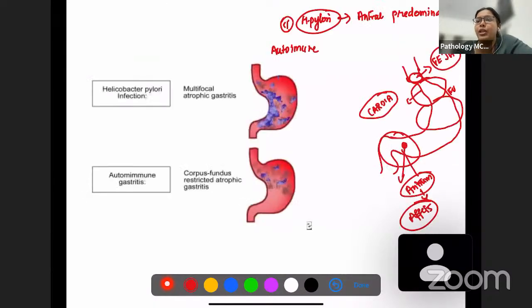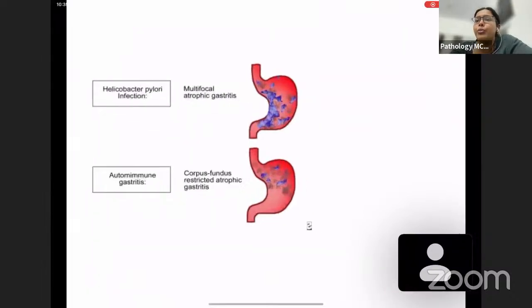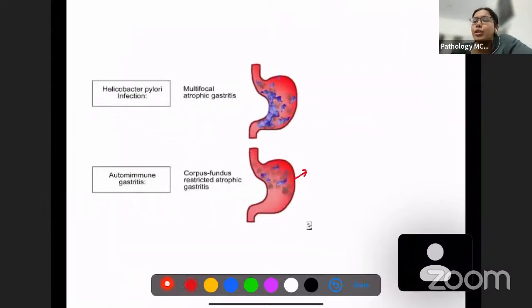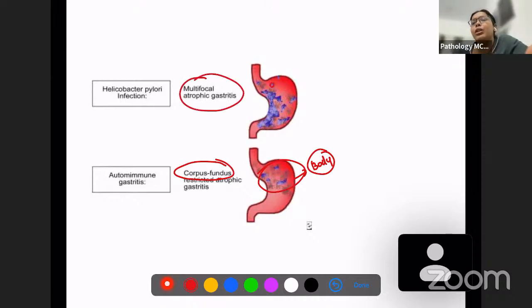Autoimmune gastritis usually involves the body or the fundus, restricted to the corpus. In later stages, H. pylori infection can involve multifocal atrophic gastritis, involving multiple parts of the stomach, but in earlier stages it is usually antral predominant.